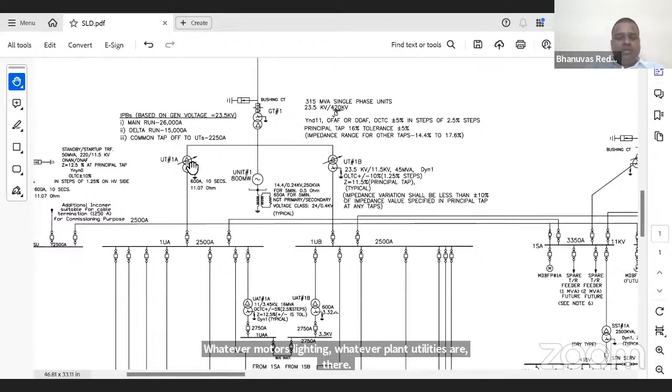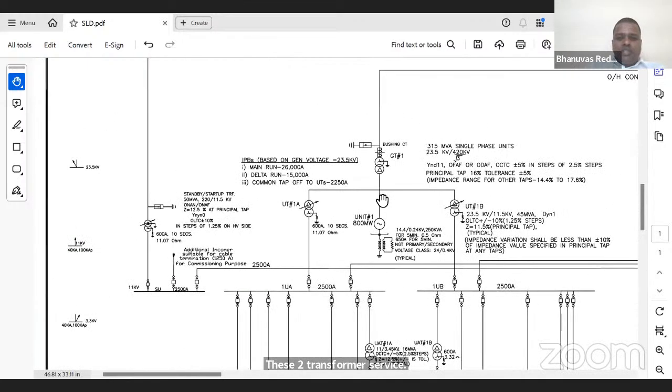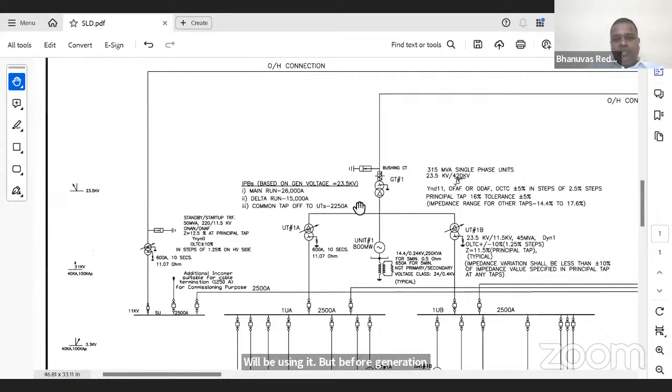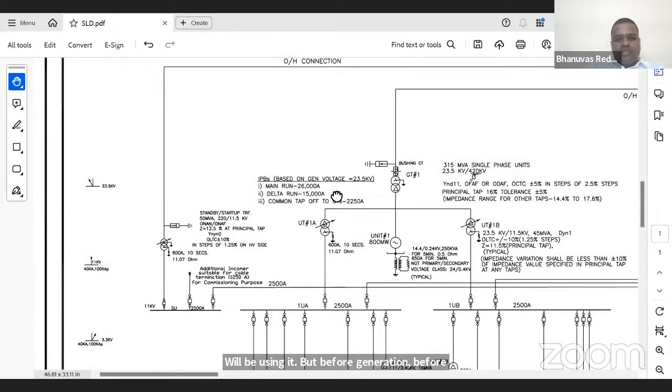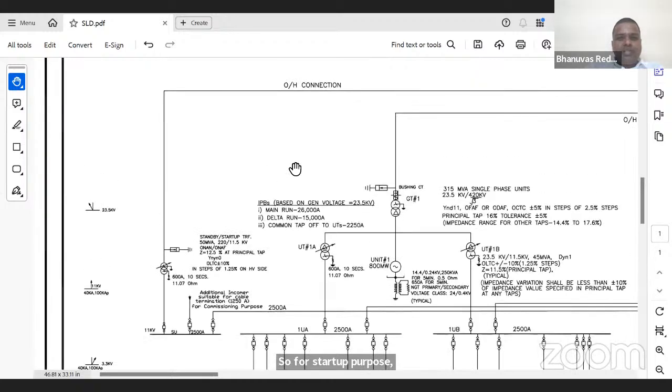For that purpose these two transformers will be used. But before generation there will be no power here. So for startup purpose we will use this standby transformer initially.